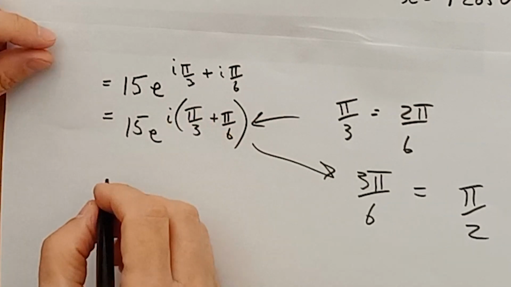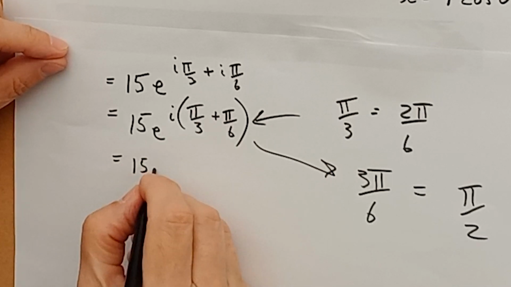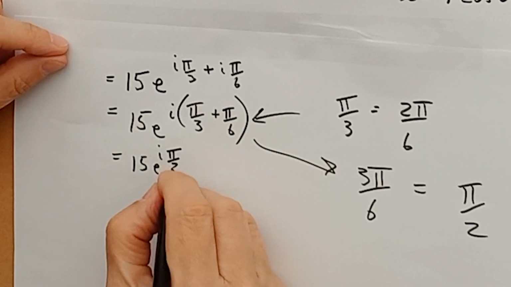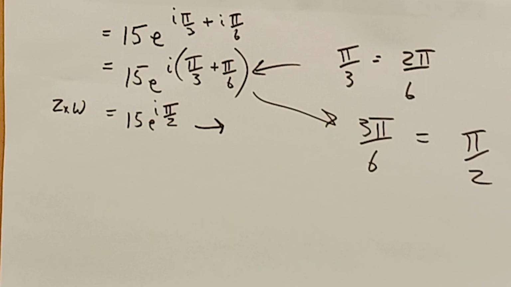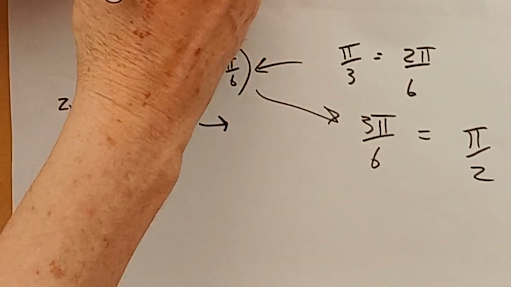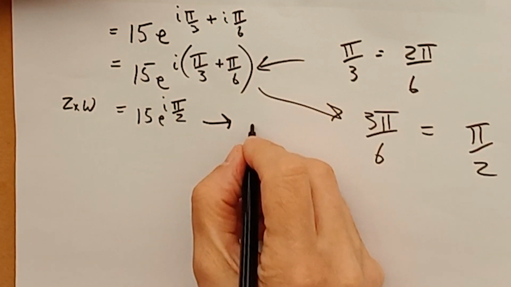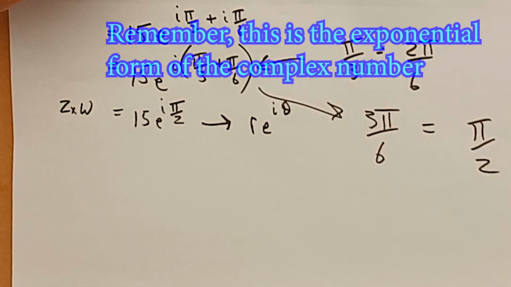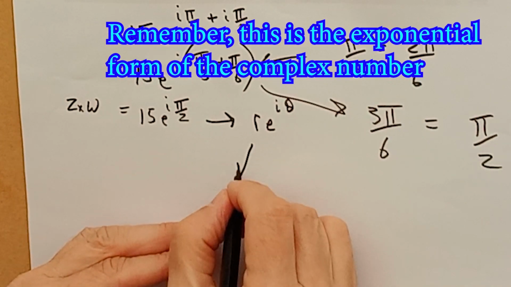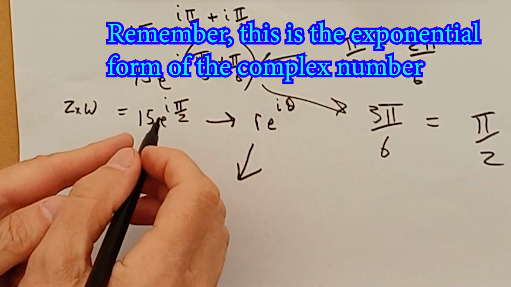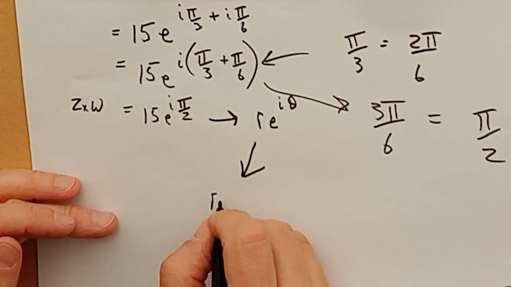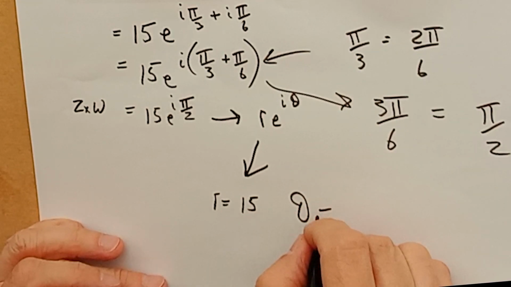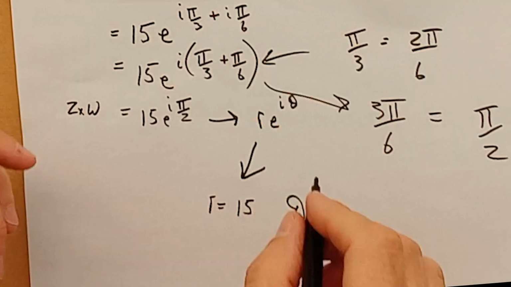So we can write that again, equals 15e to the power of i pi over 2, which equals re to the i theta. So if we compare this form to this, we can see that r is 15 and theta is pi over 2.